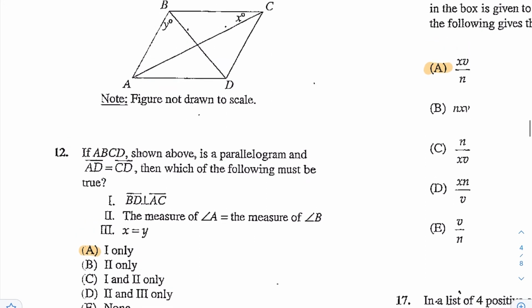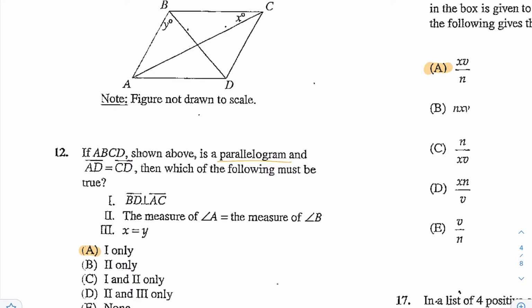All right, next for number 12, if ABCD shown above is a parallelogram and AD is equal to line segment CD, then which of the following must be true? Again, figures not drawn to scale. All you know is that it's a parallelogram, and for parallelograms, opposite sides are equal and opposite angles are equal as well.